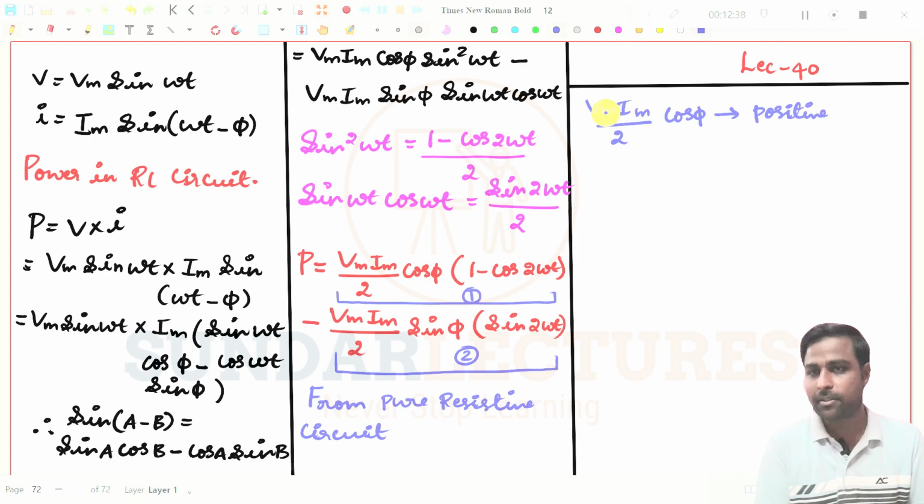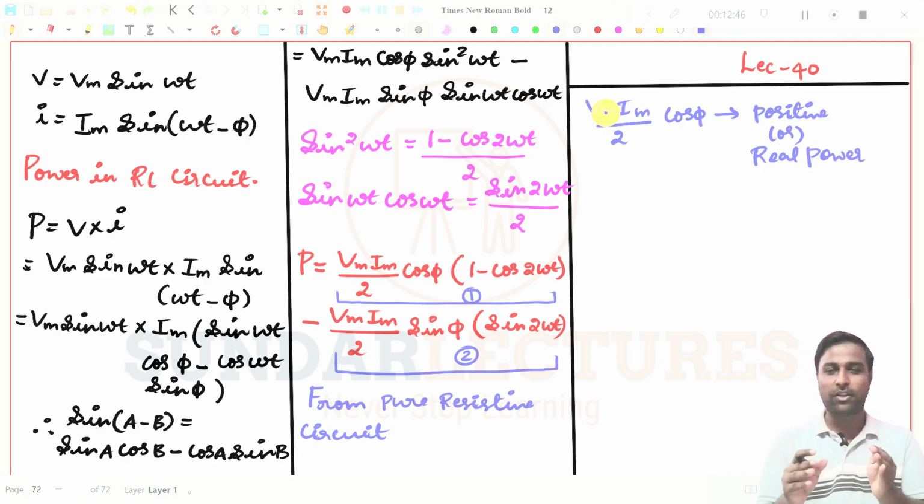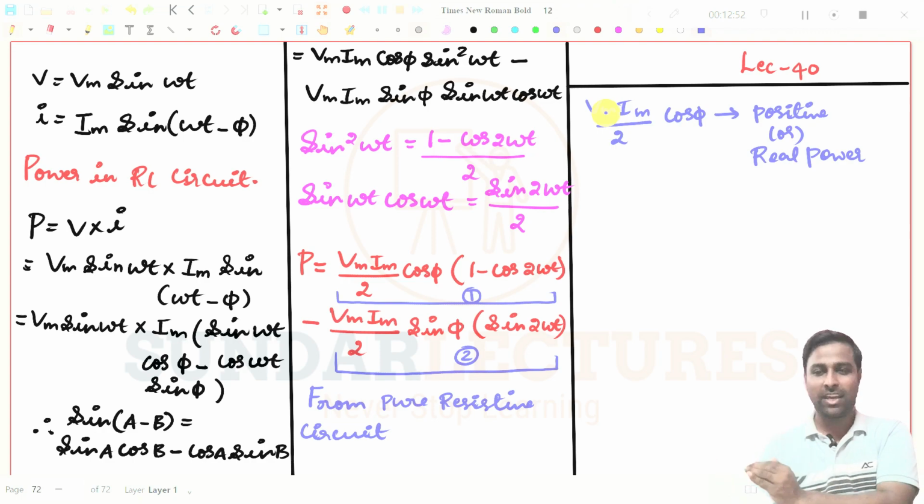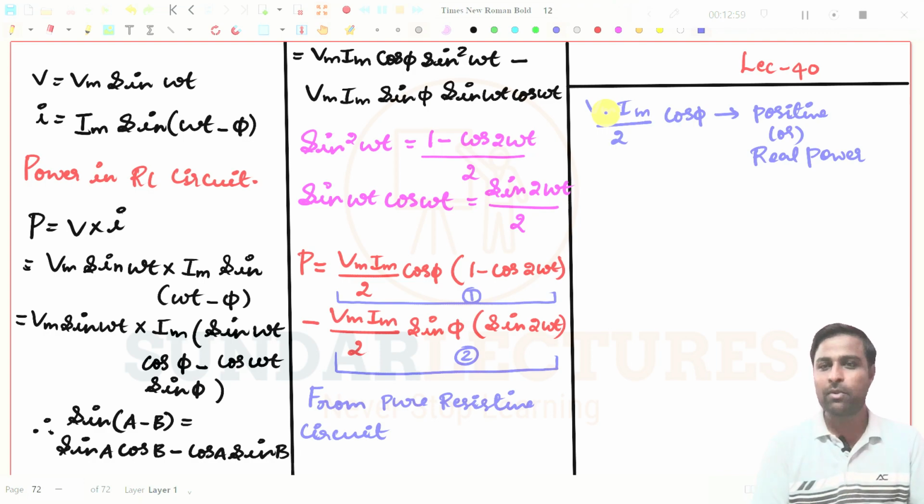Always positive, or we can say this is real power. Why are we saying it is real power? Since the power is positive, all the power generated by the source will be received by the load. That is why we are calling this real power. And what is the average value here?